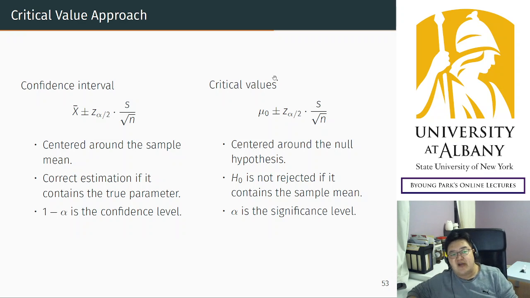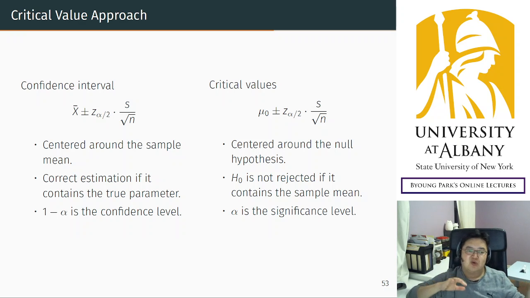But critical values are used in a different way. We check whether the interval made by the critical values contains the sample average from the data. Then it says your hypothesis is likely to be correct, right?